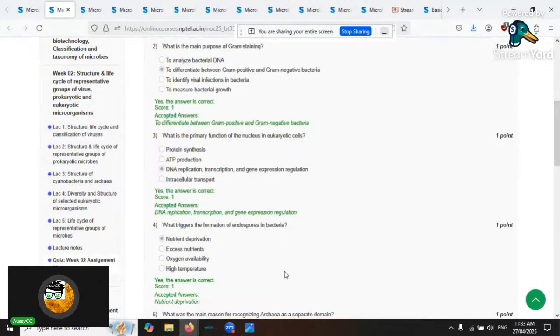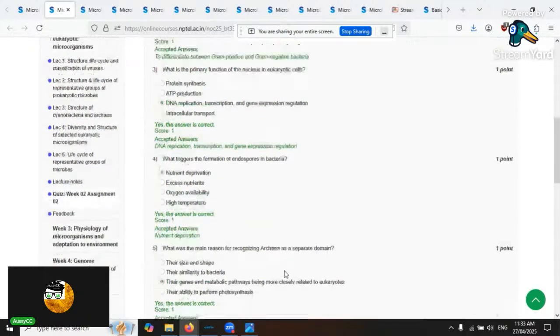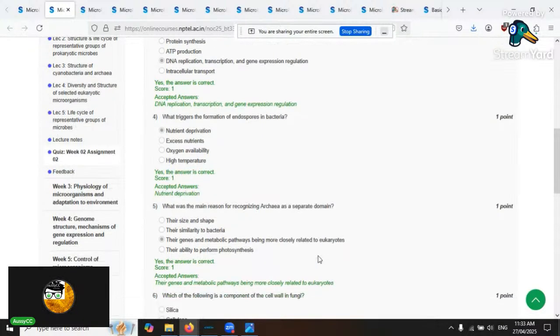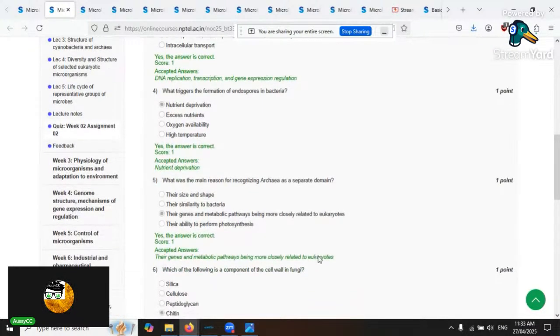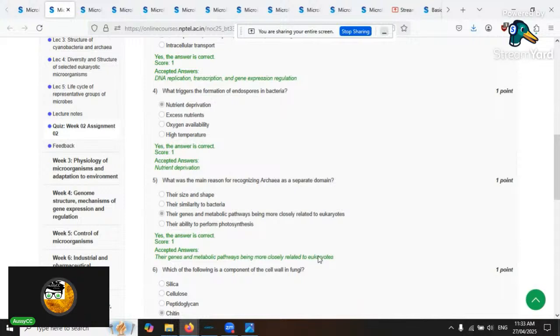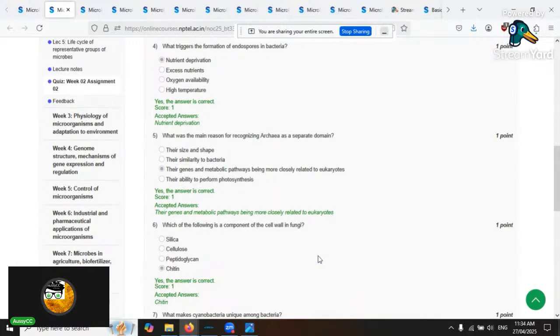What's the main reason for recognizing archaea as a separate domain? Their genes and metabolic pathways being more closely related to eukaryotes. What is the cell wall of fungi made of? It's chitin. What makes cyanobacteria unique among bacteria?